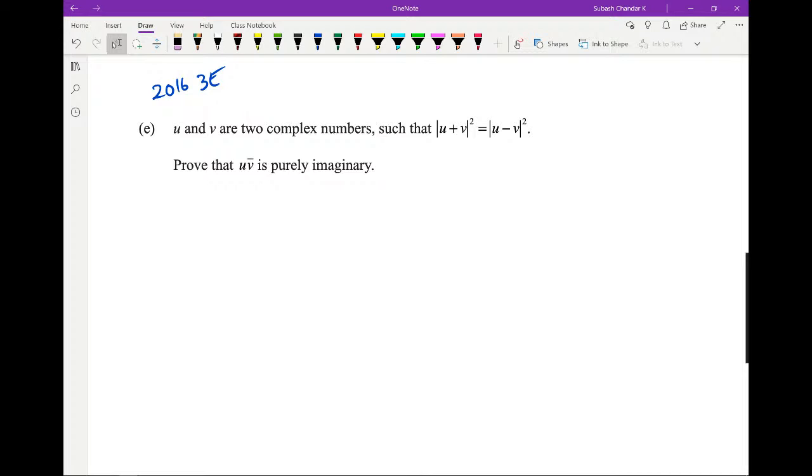Markin, which paper is that, Markin? Differentiation 2013 2E. I don't know which paper you want, Markin.